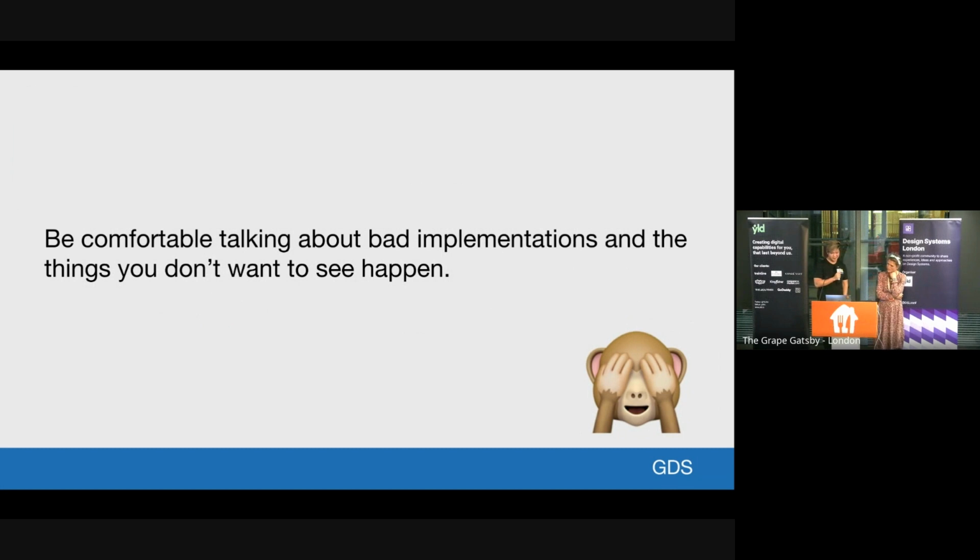Be comfortable talking about bad implementations and the things you don't want to see happen. As a content designer, I'm always trying to keep messages absolutely clear. So ideally, I'd like a component or a pattern page to simply say what to do, what not to do, and focus on the good implementations. But this work meant, because we were warning about things not to do, we had to go into excruciating detail about bad implementations.